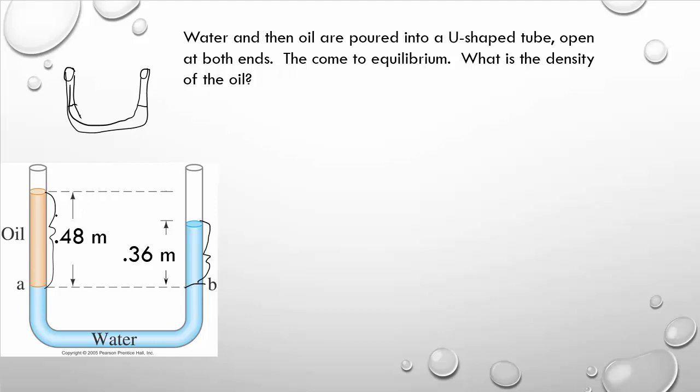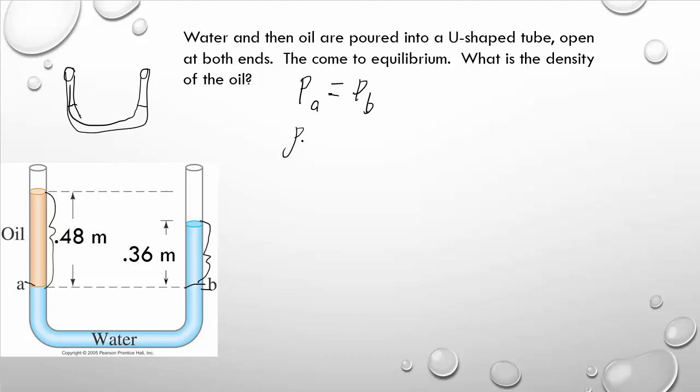We want to find the density of that oil. But since we're doing pressures, and we know that the pressure right here is equal to the pressure right here, we can say that the pressure at location A equals the pressure at location B. And then if we plug in rho g h for each of these pressures, in this case the depth in the fluid on one side is oil and on the other side is water.